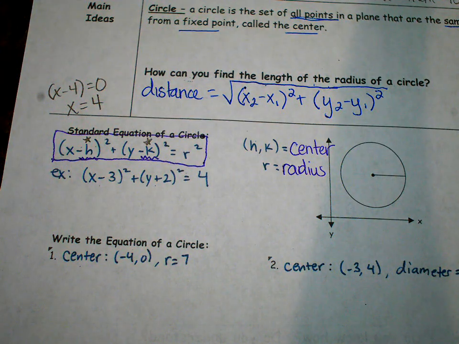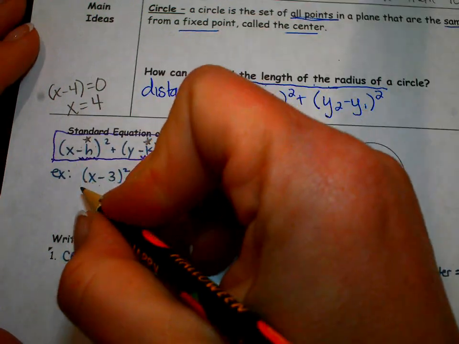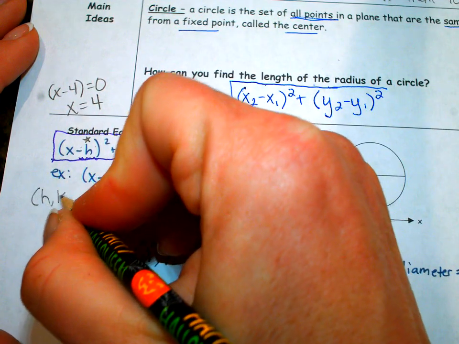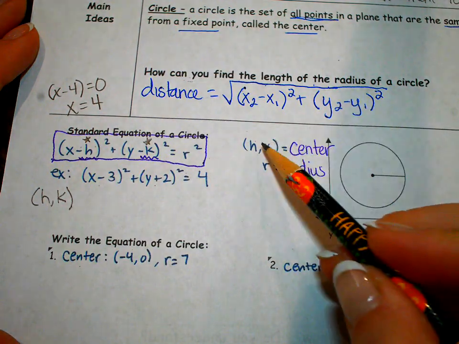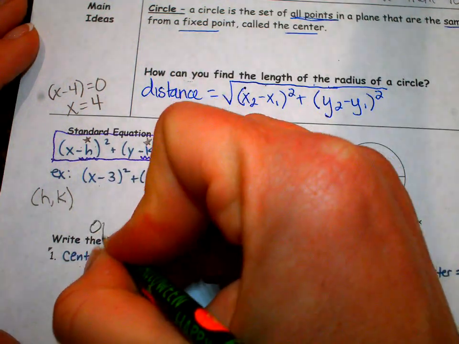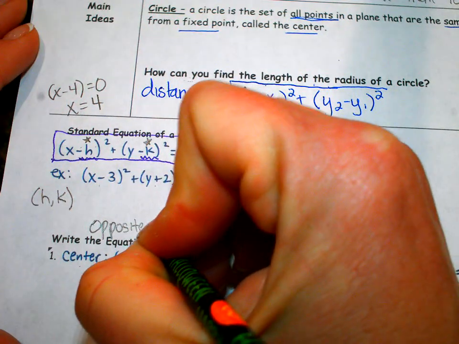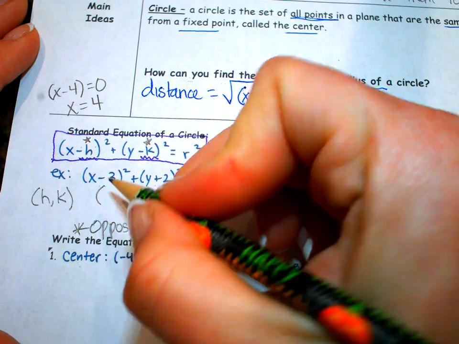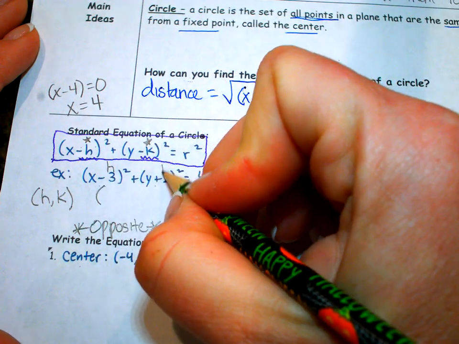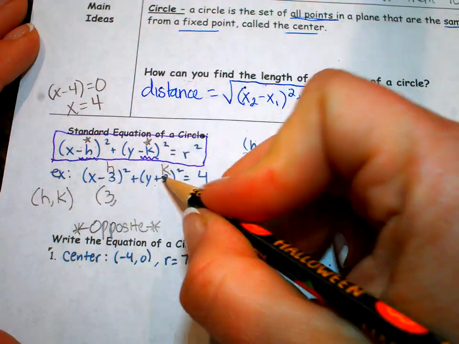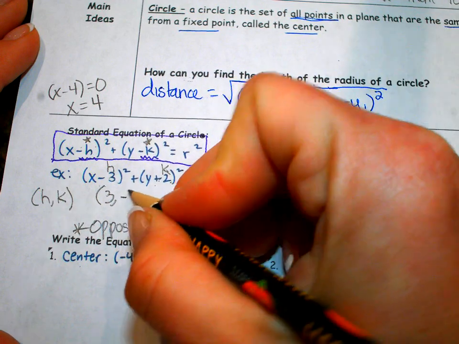So I'm going to look at this example that I've got. I have my h comma k, and remember, that's my center. My center is h comma k. If it's the opposite sign, then my h is not going to be -3, it's going to be +3, and my k is going to be -2.